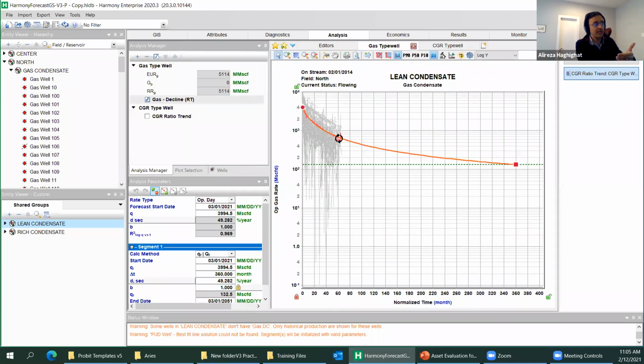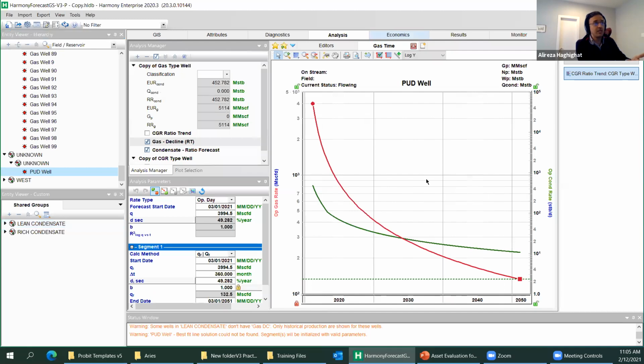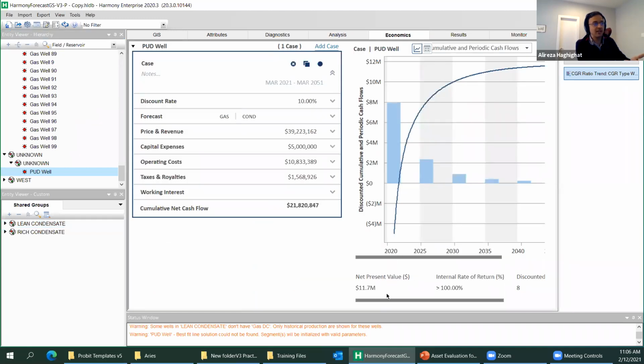We created a decline curve analysis for both gas and condensate to gas ratio. And then we used these parameters in order to estimate the economics of the well that we are going to drill in this region. And you can see after drilling that well, you are going to gain this amount of money. So I think we are done with asset evaluation for a gas condensate region.